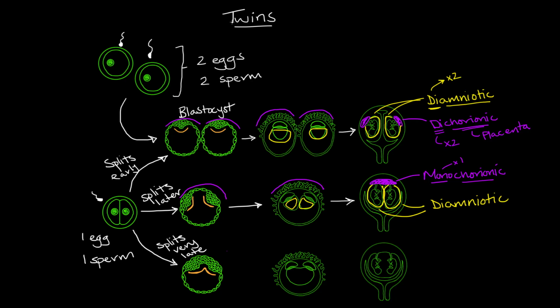So they still have one trophoblast all the way around the blastocyst, but the inner cell masses start to overlap.